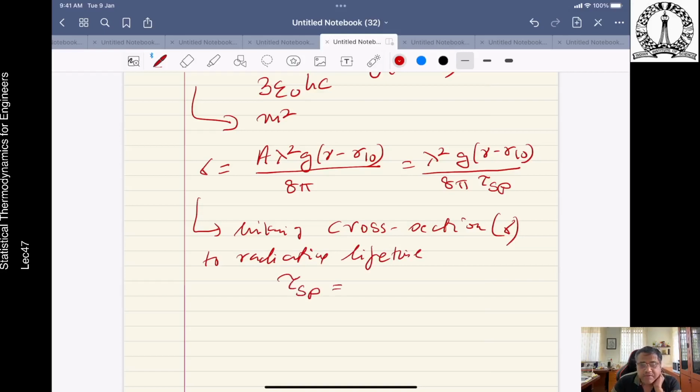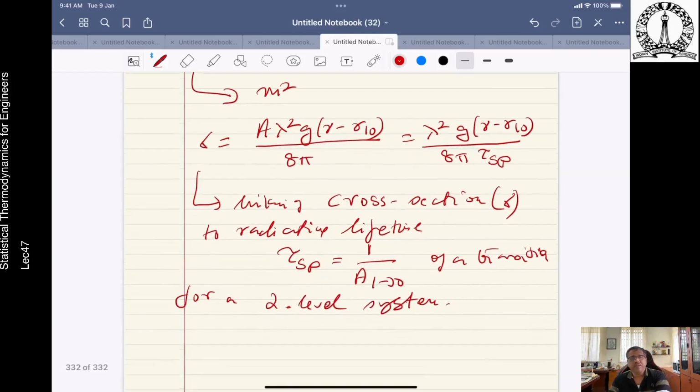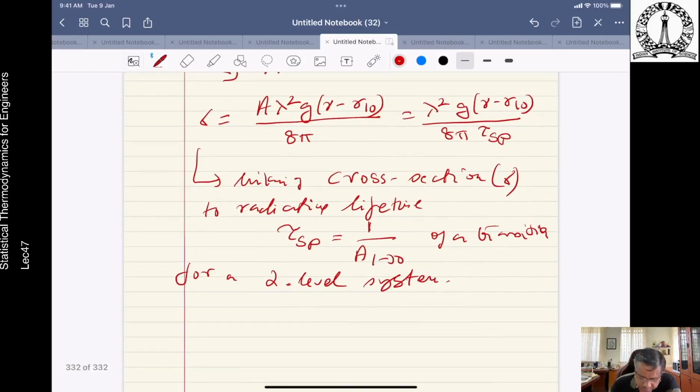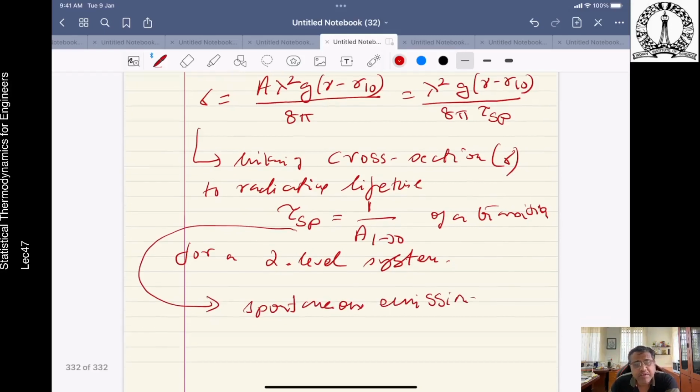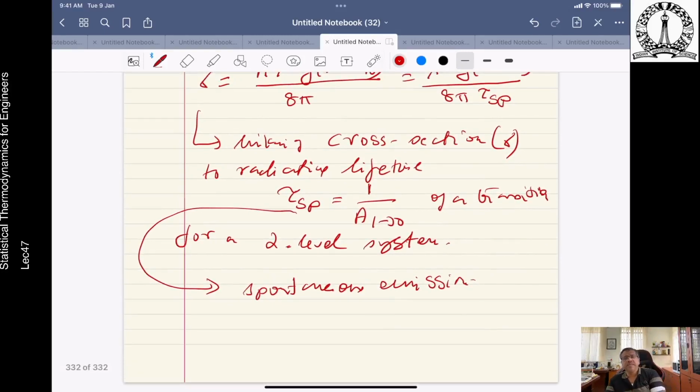Tau sp is equal to 1 over A 1 to 0 of a transition for a two-level system. The subscript sp refers to spontaneous emission. This is the inverse of the lifetime. Okay, so this can be related to real multi-level systems by doing other methodologies.